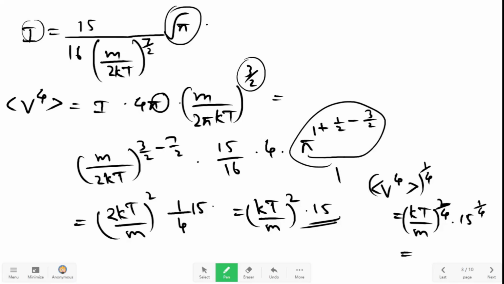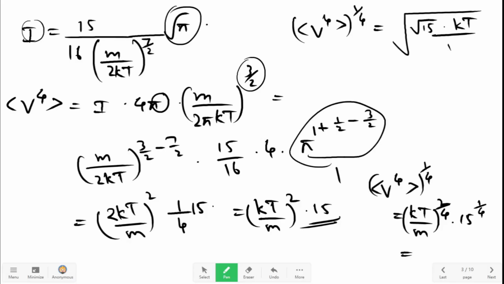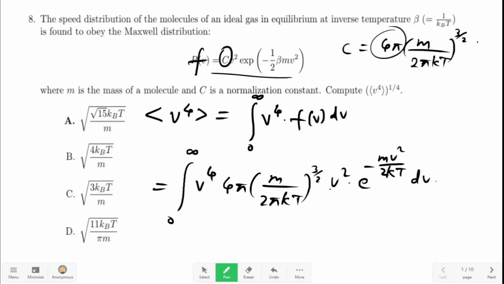This is equal to root under 15 times kt upon m. Therefore the correct answer here is option A.